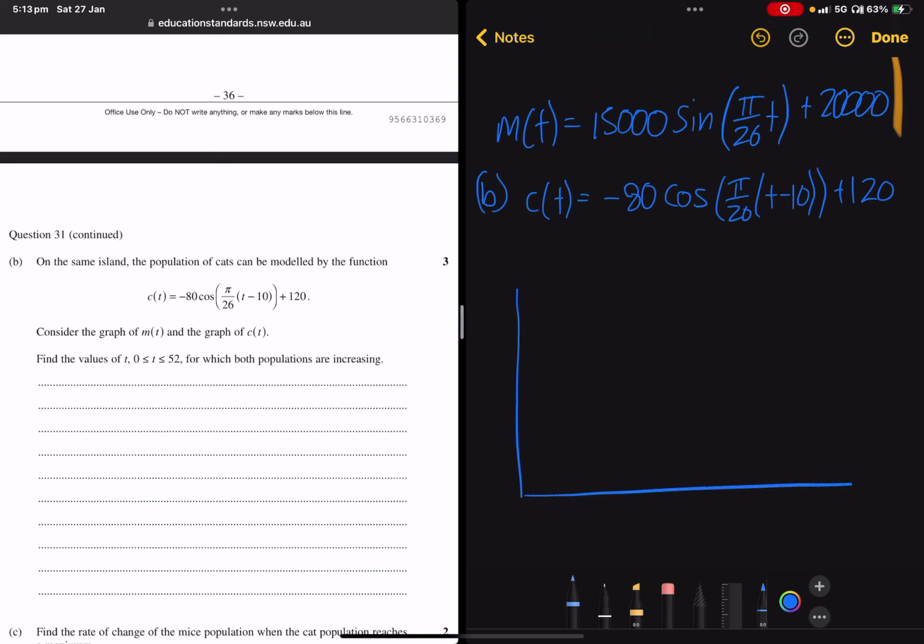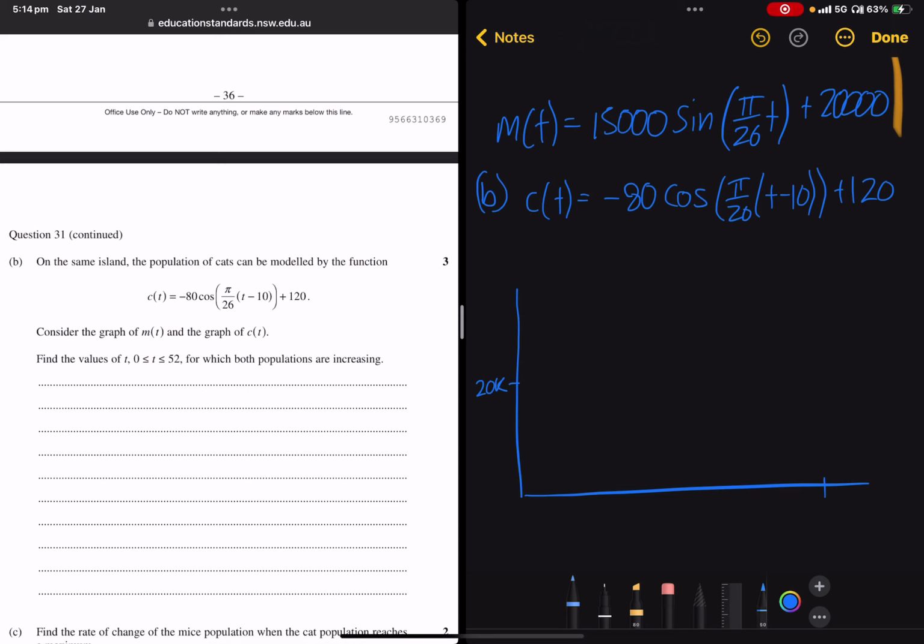So we have cats. We'll just draw them on the same graph. We'll essentially make it a non-scaled graph. So we really just need a picture of what these curves look like. We don't need them to be perfect though. So mice we know starts at 20k, goes up, goes down, goes back up.